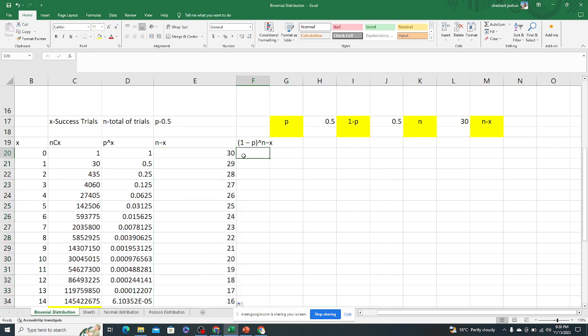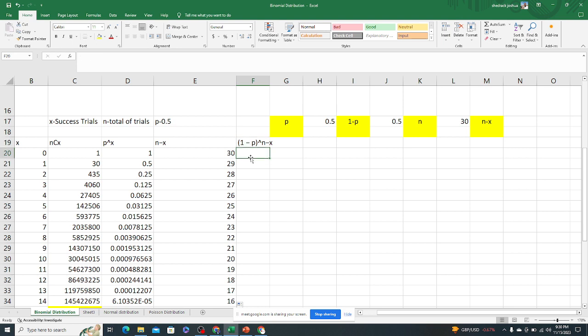Then after that, we need the probability of having a defect, because our probability p is the probability of having a success, then this is the probability of failure.